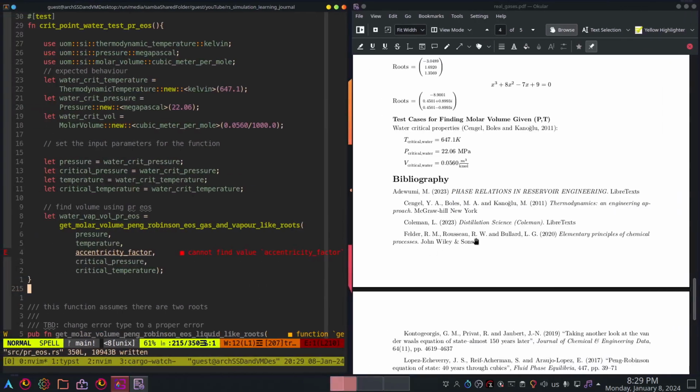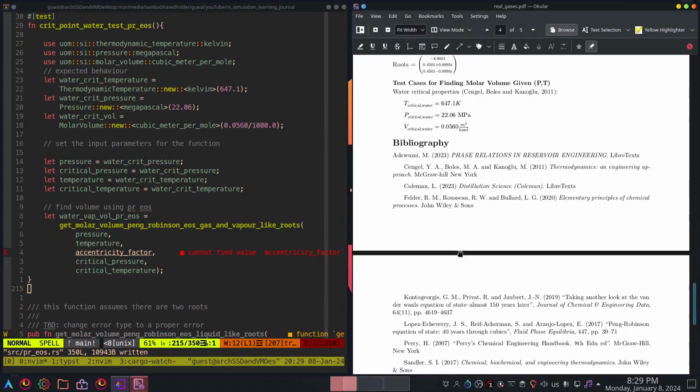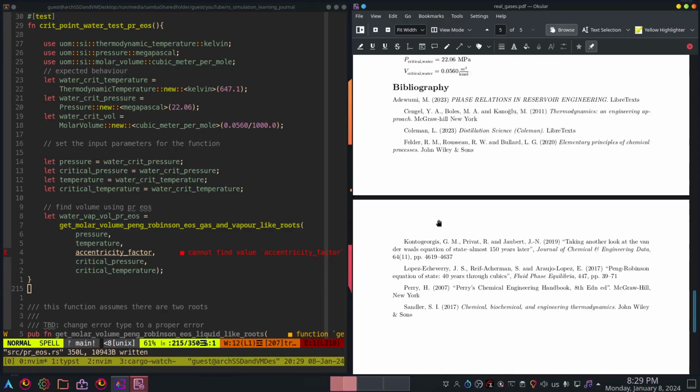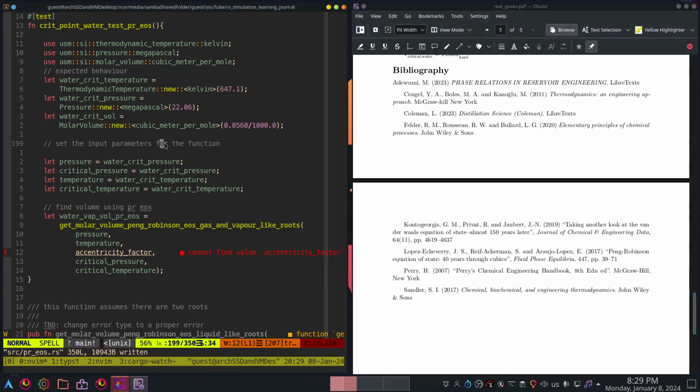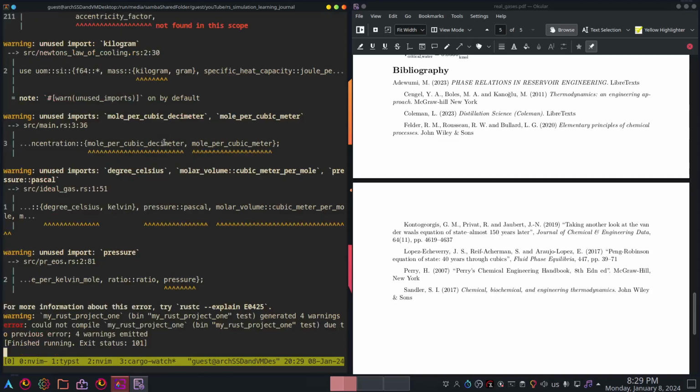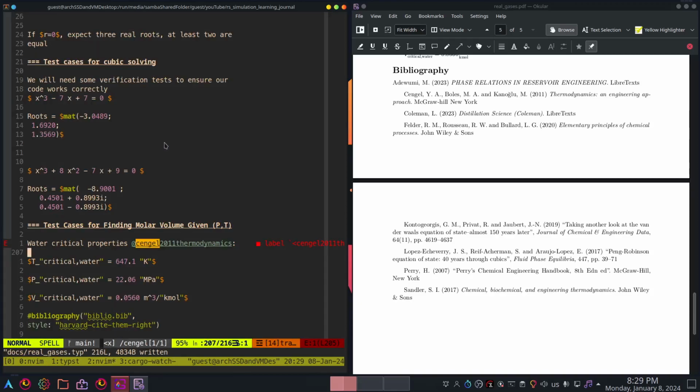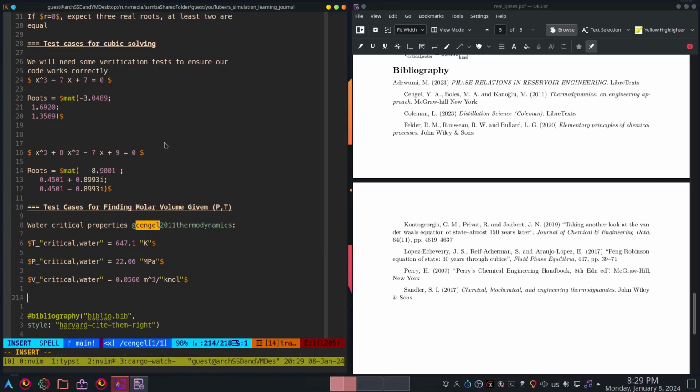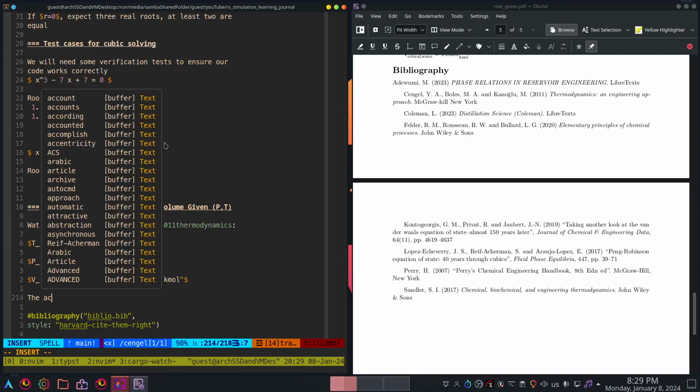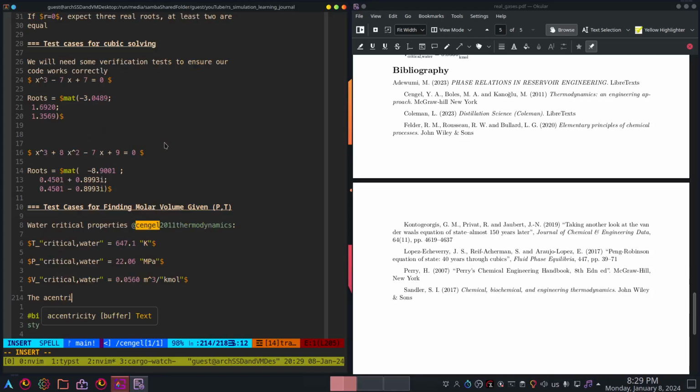Okay, I found the eccentricity factor from another textbook. It is not Engel's textbook, I used Sandler's textbook. So let me do that. The eccentricity factor. Spelled with one C, yeah?